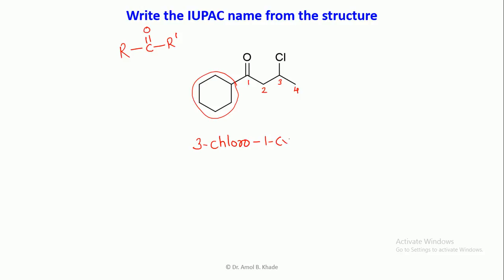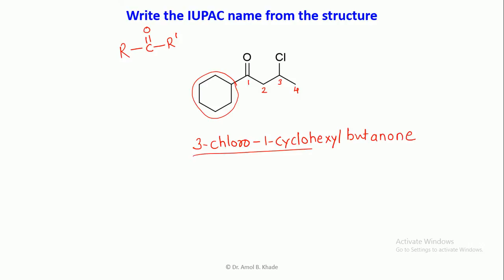So it will be cyclohexyl. It is a cyclohexane ring, but it is present as a substituent, so it will be written as cyclohexyl, and then you can write butanone.